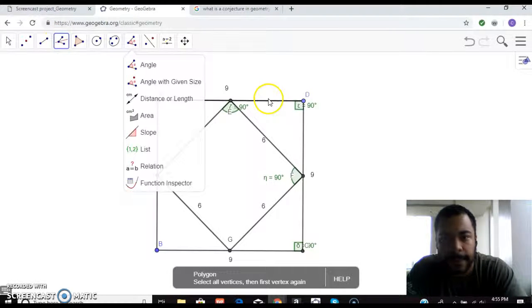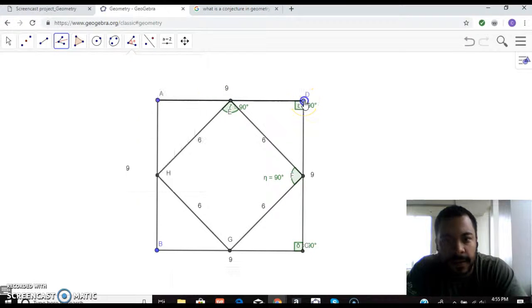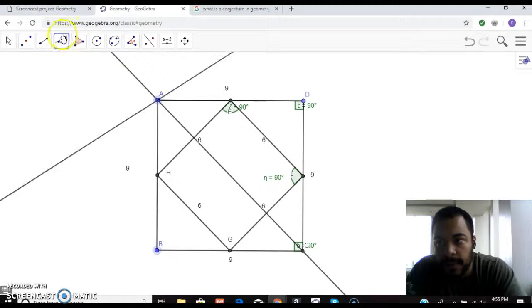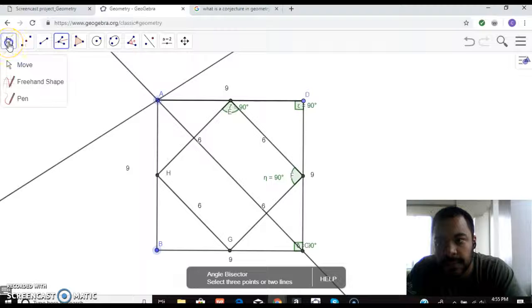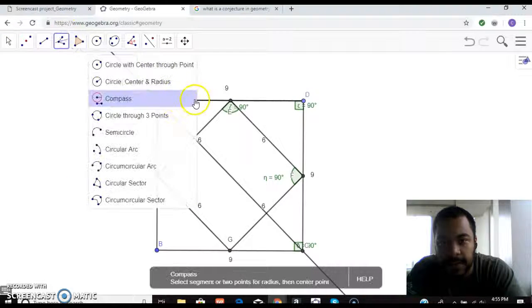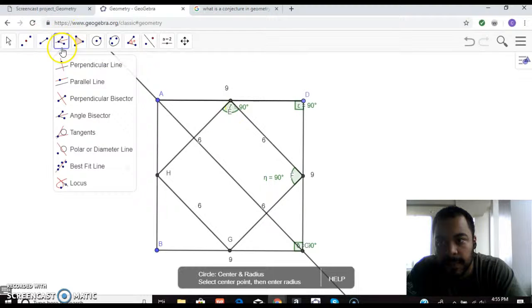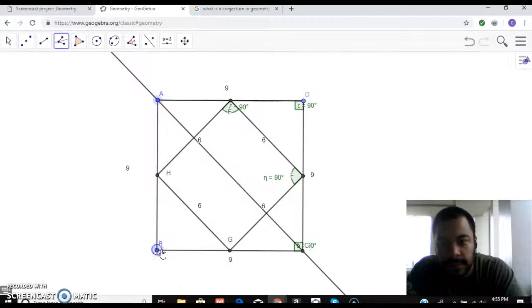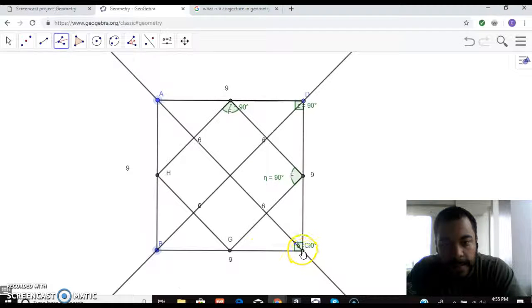Angle bisector. Take the angle bisector. Okay. Whoops, let's do that again. Take the angle bisector of B. Alright.